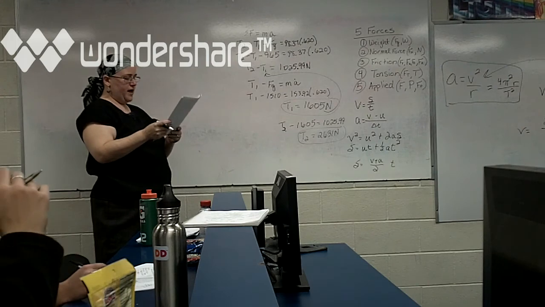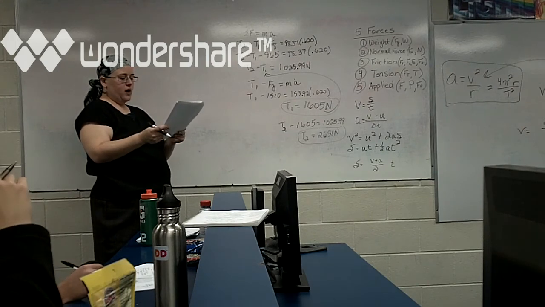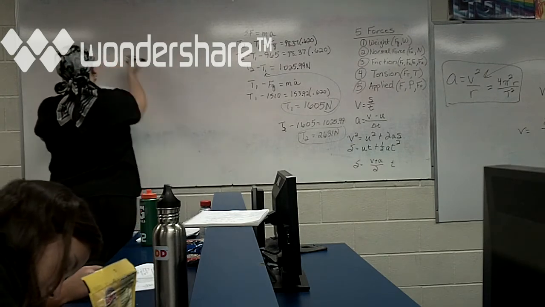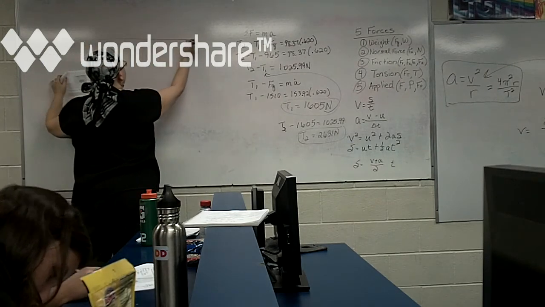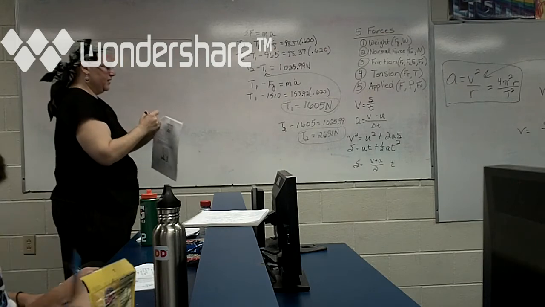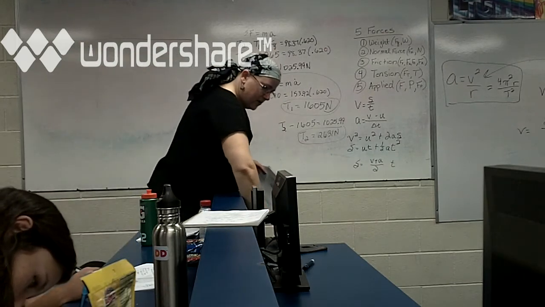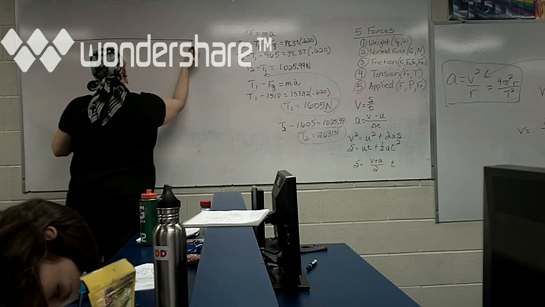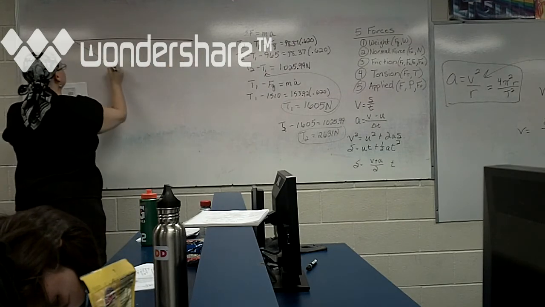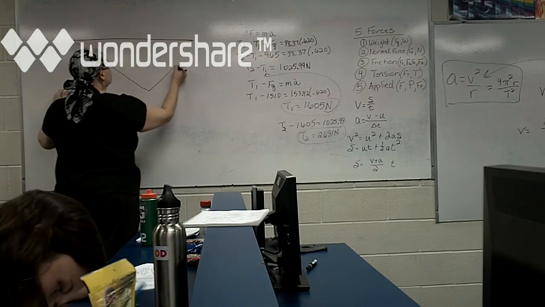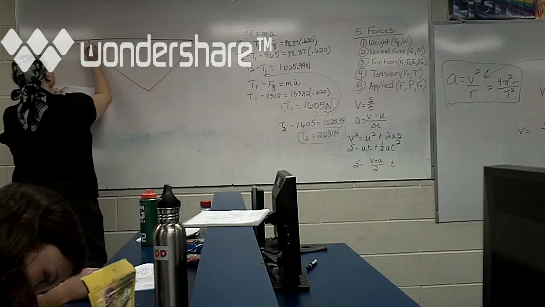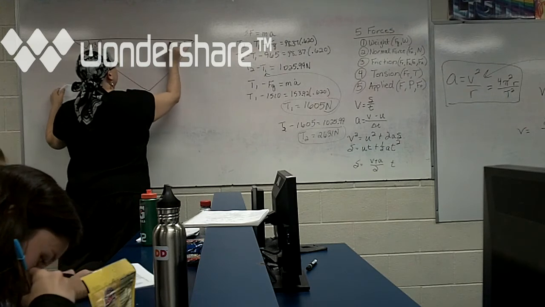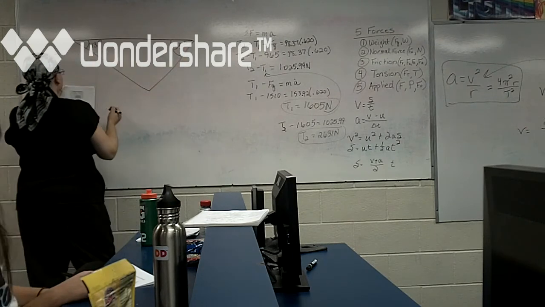A 43.8 kilogram sign is suspended by two wires as the drawing shows. Find the tension in wire 1 and wire 2. Notice we have two different angles.